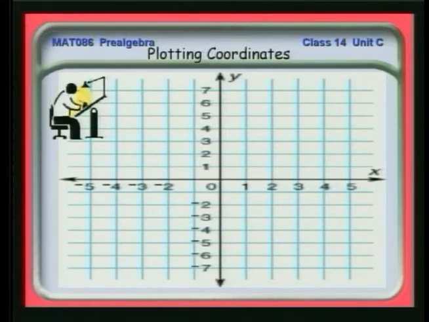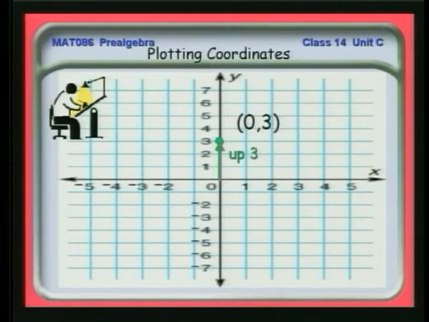Let's look at a few more. How about 0, 3? The 0 tells us that we don't go anywhere along the horizontal axis. We're right at x equals 0. Then we see that the y value is 3. That says we go up 3 and put the point there.